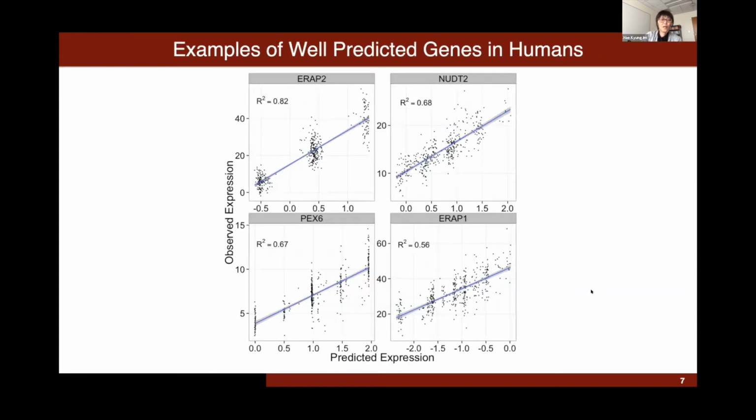Okay, so how well can we predict these genes? In humans, I've selected here four representative, highly well predicted genes: ARAP2, NADI2, PEG6, and ARAP1. On the x-axis, I'm showing predicted expression. On the y-axis, I'm showing the observed expression.